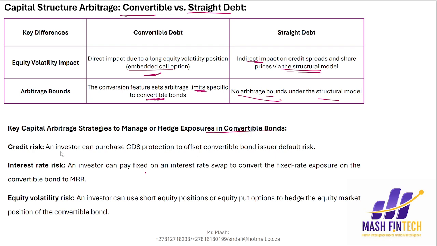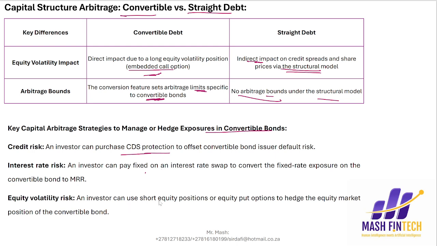Okay, either you can purchase CDS protection. You purchase protection so that if there's a credit event, you're going to be paid back your money, usually the par minus the recovered amount. To hedge against the interest rate risk, you pay a fixed amount, which means you're going to receive the floating rate.